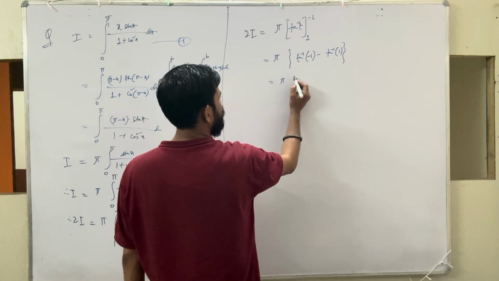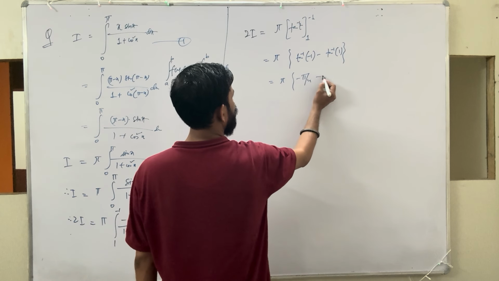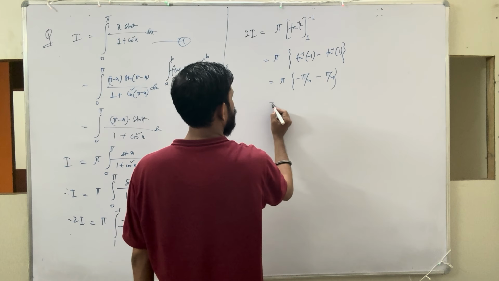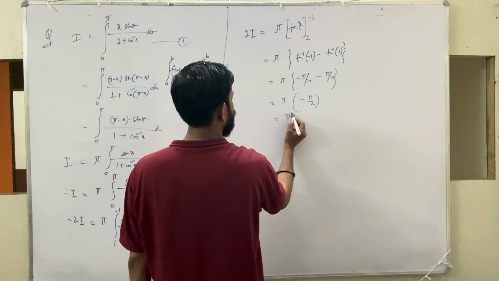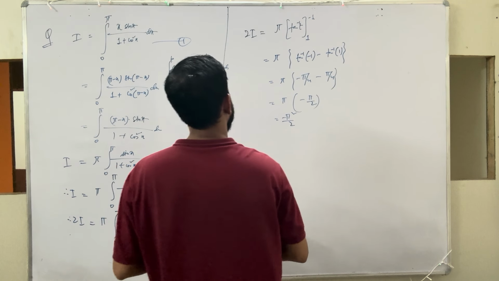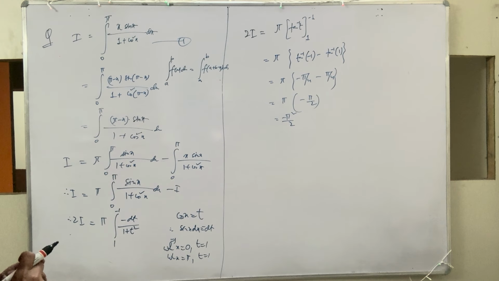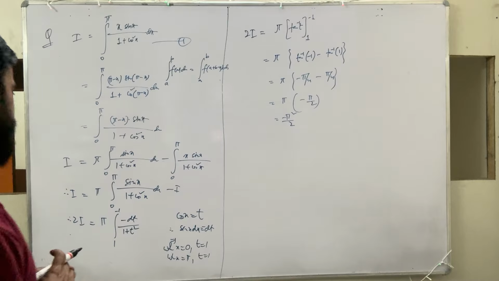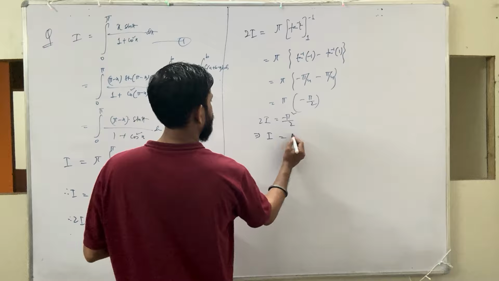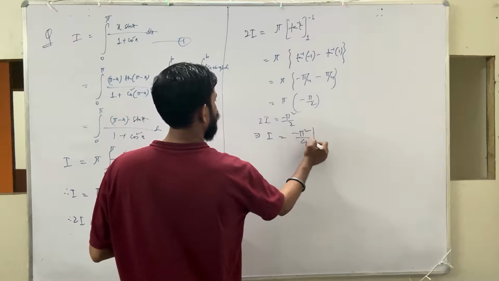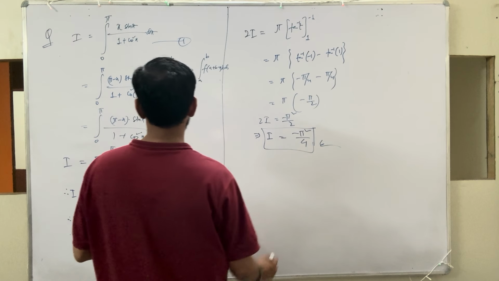So tan inverse of minus 1 will be minus pi by 4, and tan inverse of 1 is pi by 4. So it becomes pi into minus pi by 2, so it is minus pi square by 2. And that is 2I. And therefore I will be minus pi square by 4. So that is your answer.